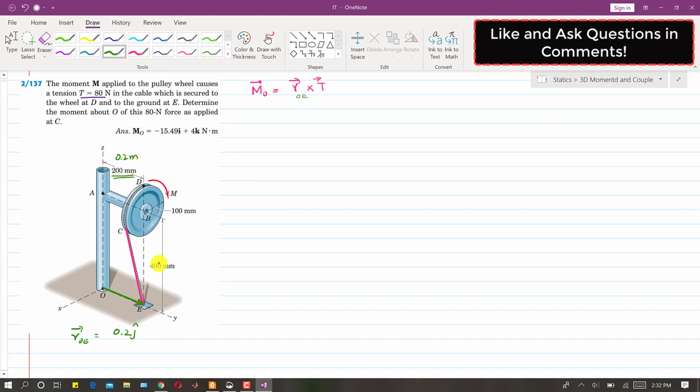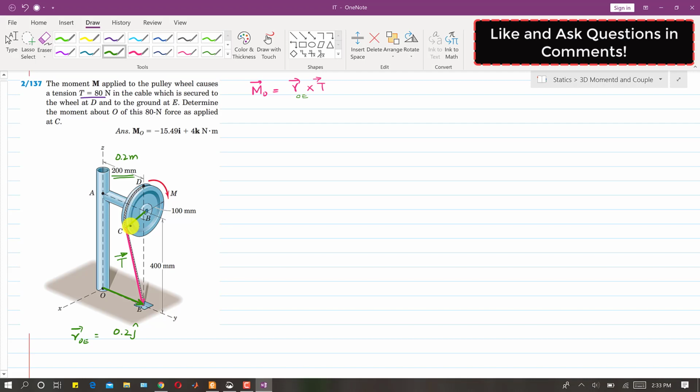Now we will also find the vector representation of this T tension in this cable. We are required to find the T vector, then we will be able to find this cross product. For that, first let me draw this line. This T vector will be perpendicular to this radius.